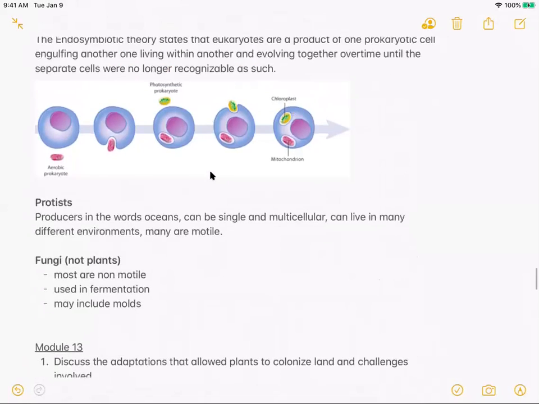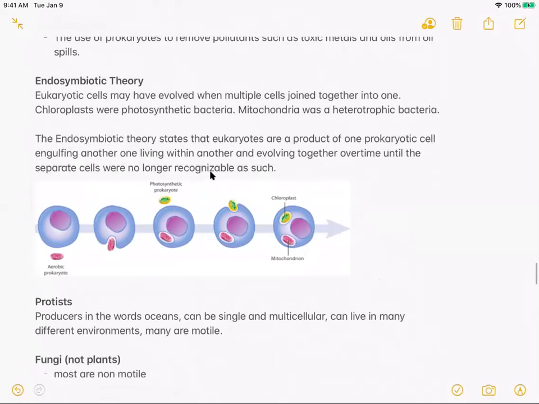Yes, so the endosymbiotic theory is basically talking about how eukaryotic cells came to be. This is a theory, so the mitochondria and the chloroplast might have existed as prokaryotic cells outside of another prokaryotic cell.